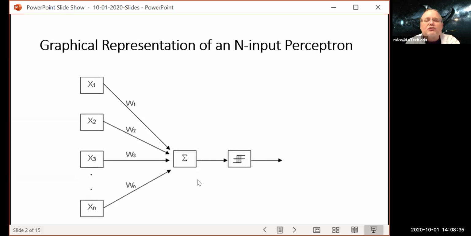That's all a perceptron does. It's a very simple thing: it takes a weighted sum of its inputs, compares it to a threshold, and if the weighted sum is greater than or equal to the threshold, it fires. That is all a perceptron does.